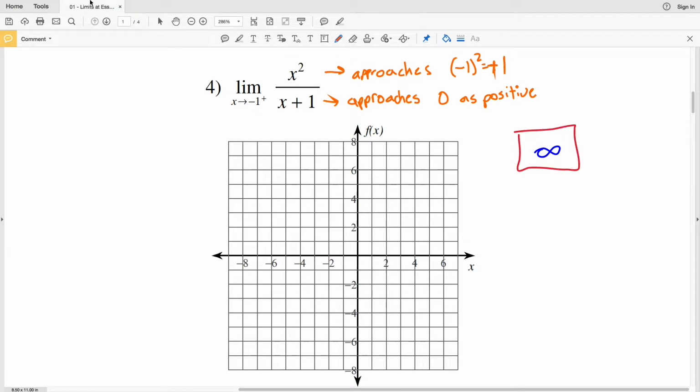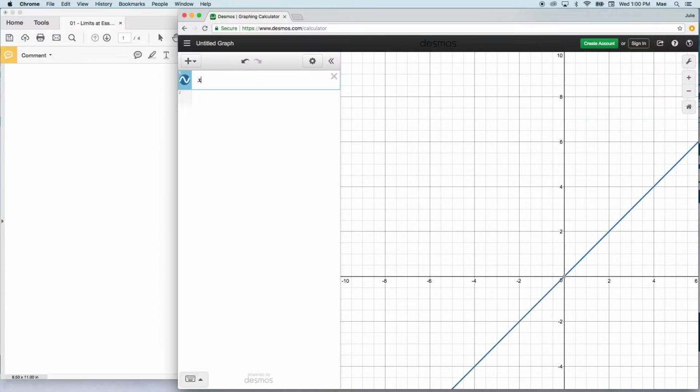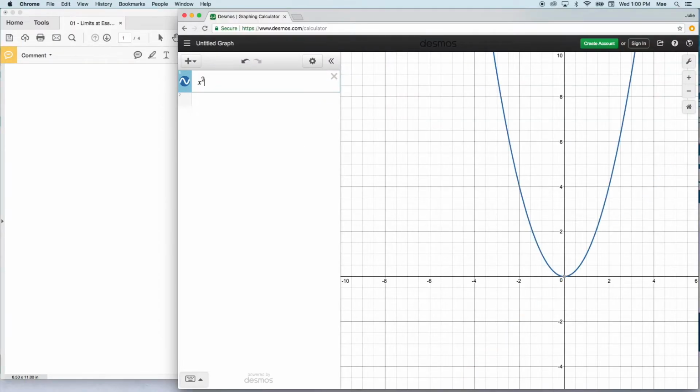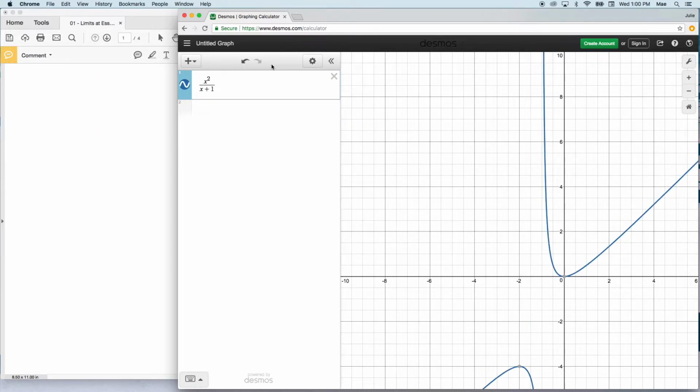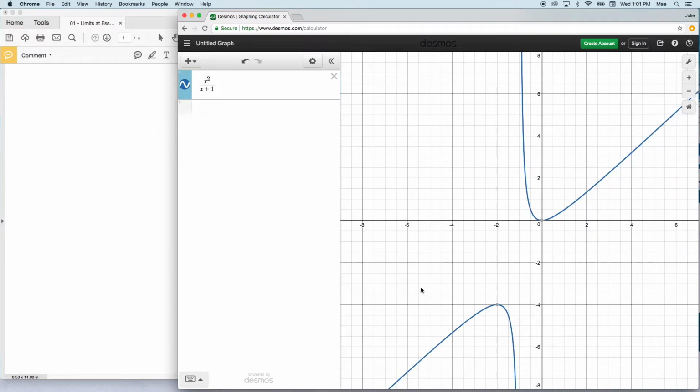So let's go ahead and graph, and I'll use a graphing calculator to help us do this. So we'll have x squared, and that's going to be all over x plus 1. And I'll adjust my scale so that it matches the scale on our worksheet. So now let's work on graphing this function, copying down a few points to help us with the curve.